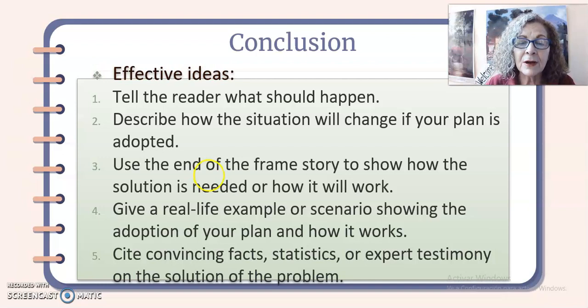Number four, give a real-life example or scenario showing the adoption of your plan and how it works. And number five, give convincing facts, statistics, or expert testimony on the solution of the problem.